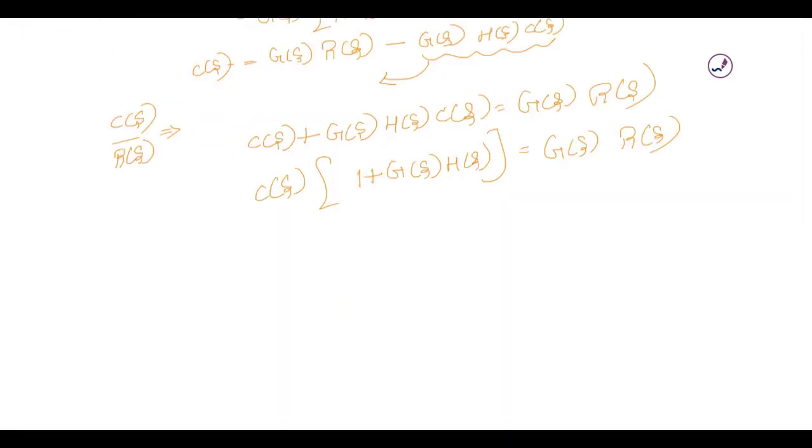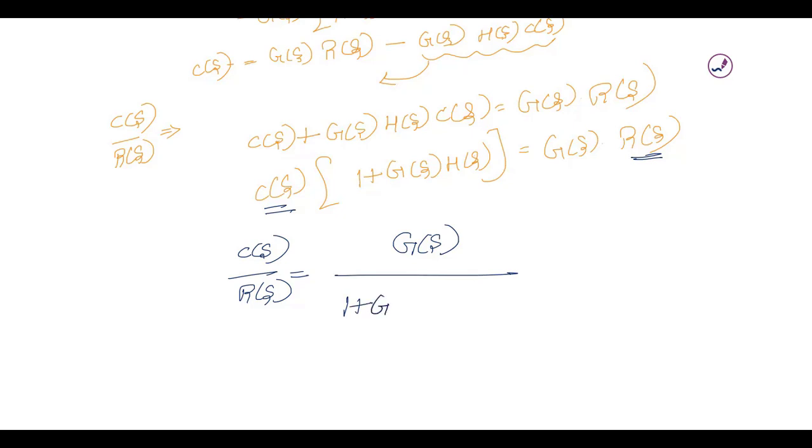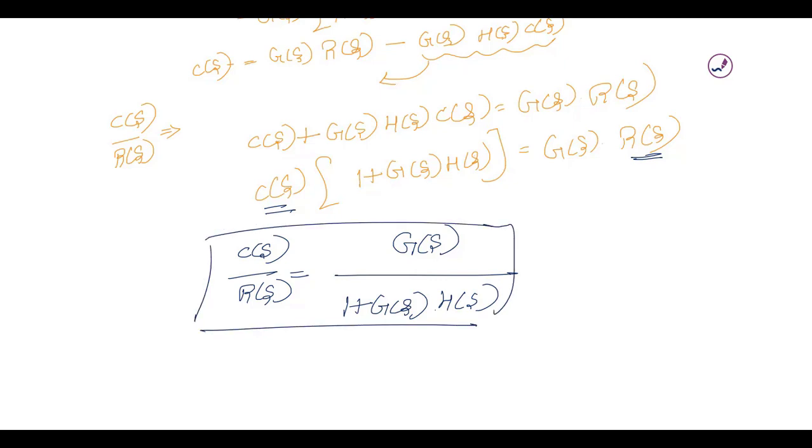Rewriting this equation, the output is C(s) and the input excitation signal is R(s). So C(s) divided by R(s) is equal to G(s) divided by 1 plus G(s) into H(s). This is the transfer function of the closed loop system when negative feedback is given.